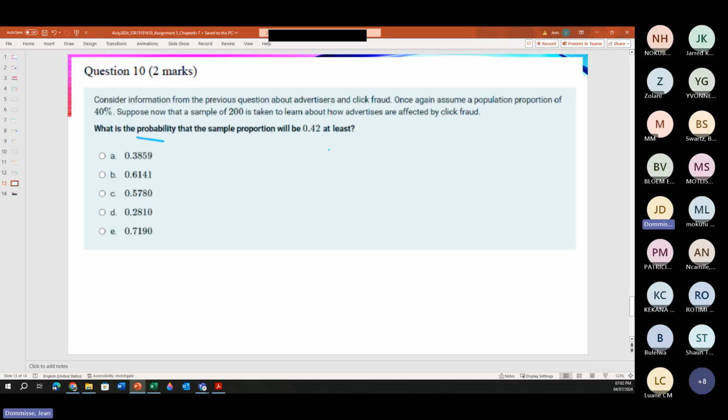Okay, so I should have read it first. So let's read this one. Consider information from a previous question about advisors and click fraud. Once again, assume a population proportion of 0.4.